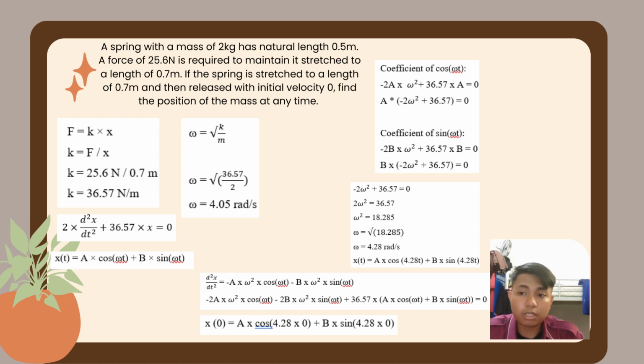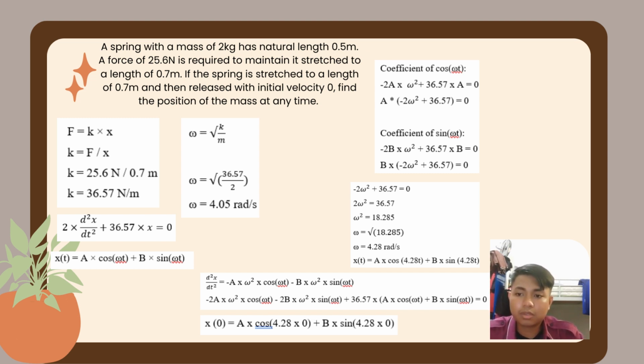So 2 omega squared equal to 36.57, and the value of omega is 4.28 radian per second. So the new value of x(t) will become a times cos 4.28t plus b times sin 4.28t.